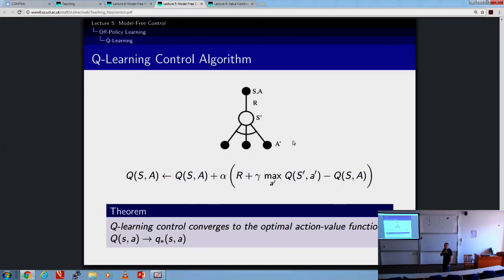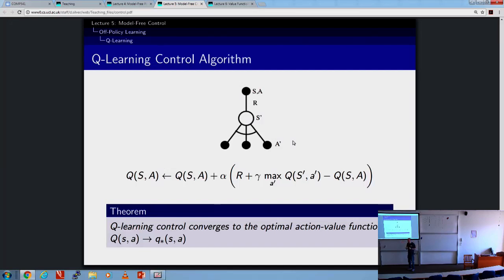What's confusing? With what do we replace A, the one at the top? So for the next step, we do not take the action A prime in that equation, but we choose epsilon greedily. So sometimes we might take A prime, sometimes we might take another A prime. Okay, so in the beginning, S and A are fixed, right?